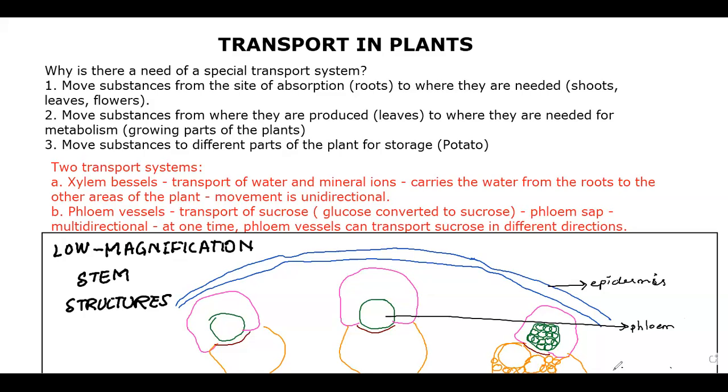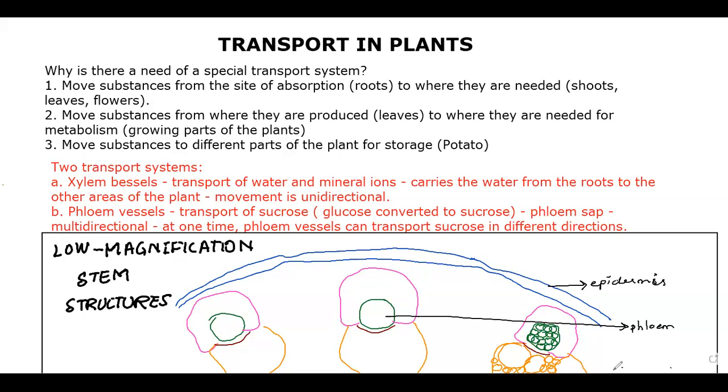Again, you also have to remember the order. Phloem vessels in the stem, right? Root might have a different situation. In the stem, the phloem vessels are on the outside, while the xylem vessels are on the inside towards the center of the stem. Now, we were practicing our labeling.